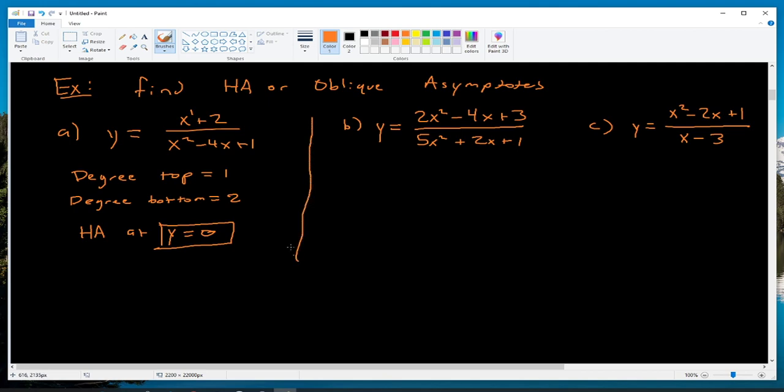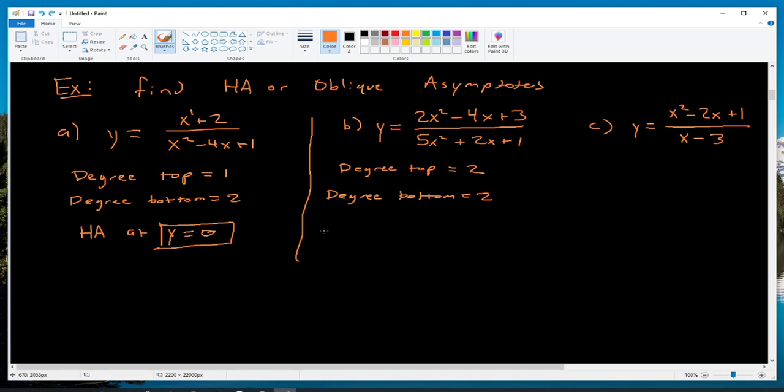For the second case, the top is an x squared, you can see right there, so it's degree 2. The degree of the bottom is also an x squared, so it's 2 as well.